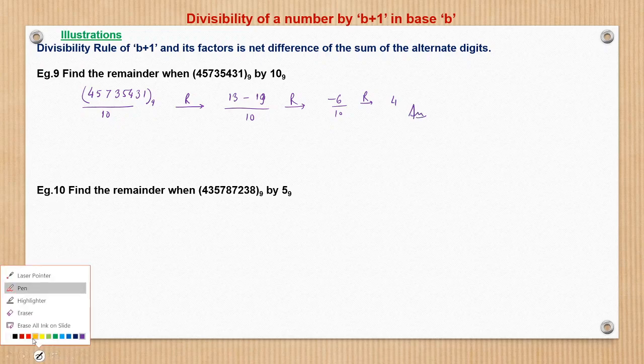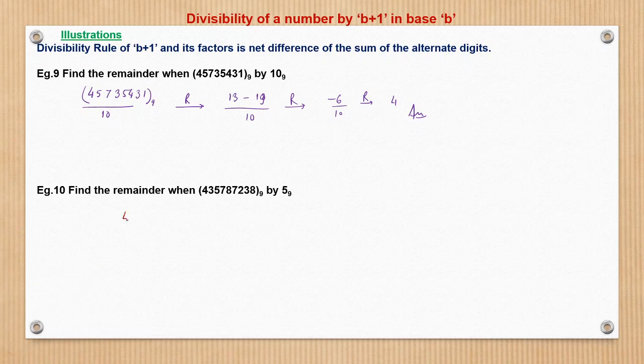Another problem we will see here. 435787238 in base 9 upon 5. So again, if base is 9, then divisibility by 10 would be an alternate digit sum, and here the divisor is 5, which is a factor of 10, so that rule is still applicable.